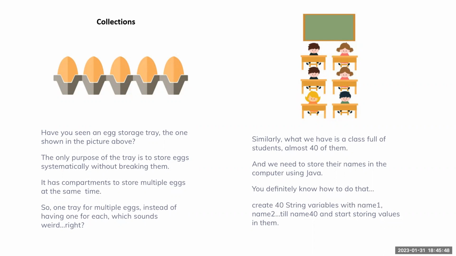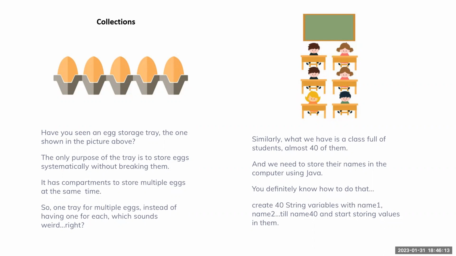Instead, if you are able to put all this data into one, that looks very good, right? You can still handle the same thing. As an example, we have a class of forty students, and we need to store their names in the computer using Java.